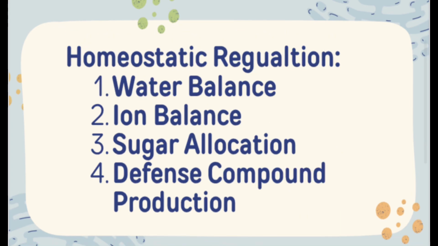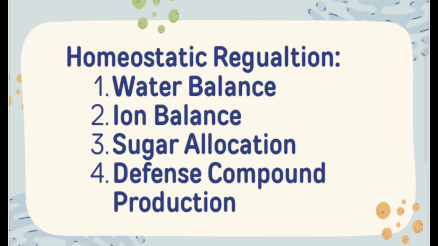Next is homeostatic regulation. We have the first one, which is water balance. Plants regulate water uptake, transport, and storage. The second is ion balance, which means plants maintain optimal ion concentration and regulate nutrient uptake.